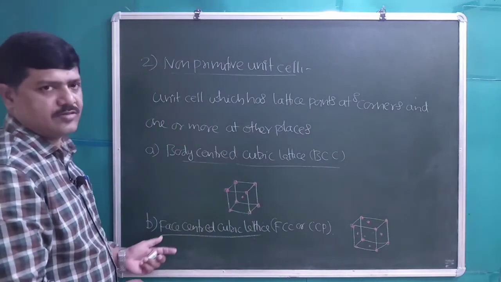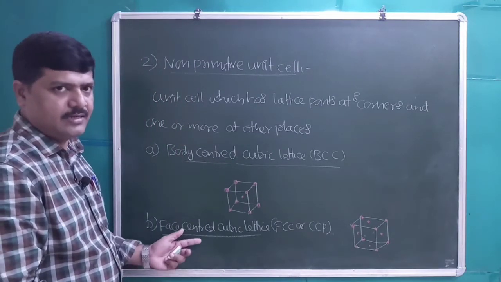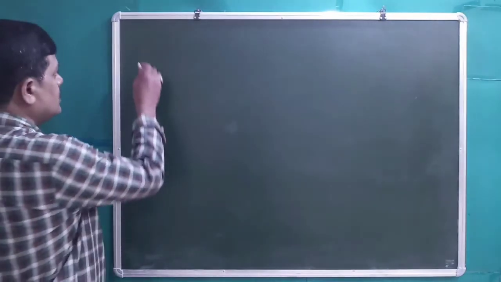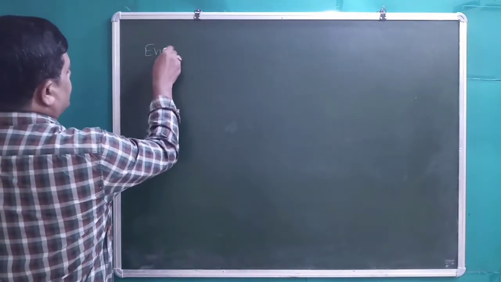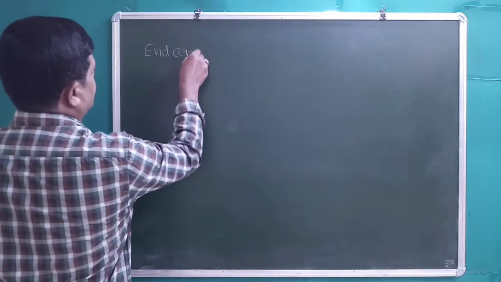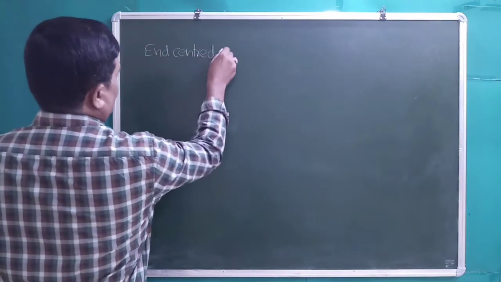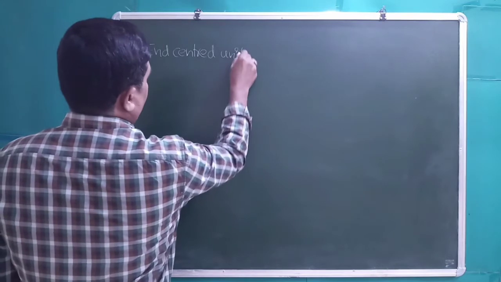One more type is the end-centered unit cell. The third type of non-primitive unit cell is the end-centered unit cell.